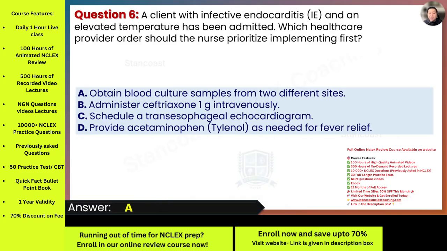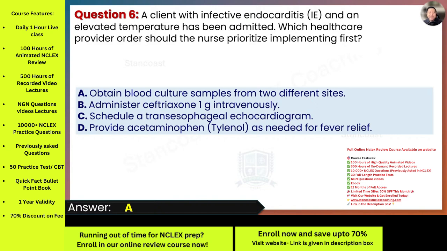Now, when you are caring for a client with infective endocarditis, your first priority is to identify the causative organism. And that is why obtaining the blood cultures from 2 different sites takes priority, because it can provide critical information to guide the antibiotic therapy.